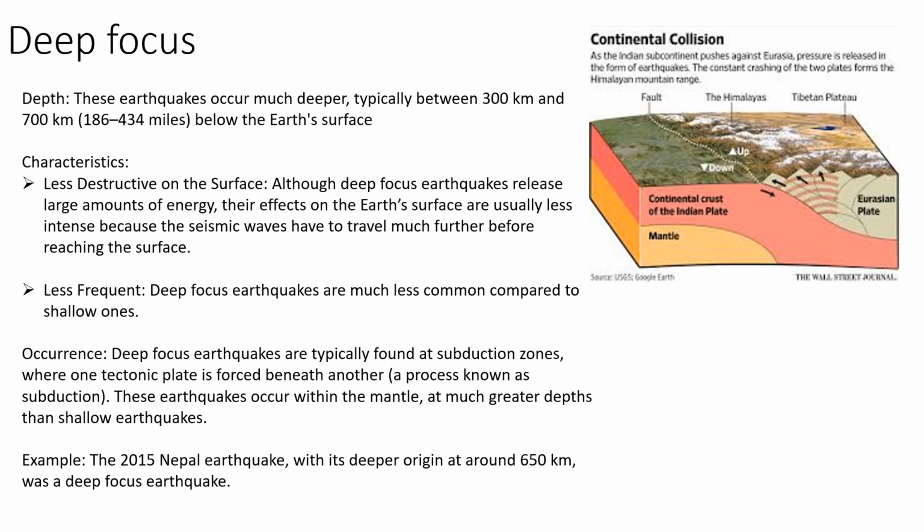They're less destructive on the surface because that deeper release of energy has dissipated more before it reaches the surface, and they're less common. A good example is the Nepal earthquake in 2015, where the origin of that earthquake was thought to be about 650 kilometers beneath the surface of the Earth.